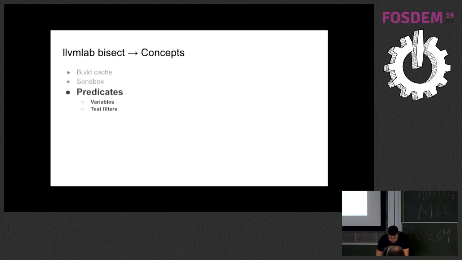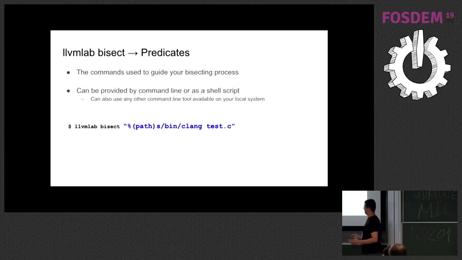As you can see, there is something quite different here, which is this bit, the %path string. This will be substituted by or replaced by any version that you are trying out. So it will get that specific version path, then it will run the Clang from that sandbox.